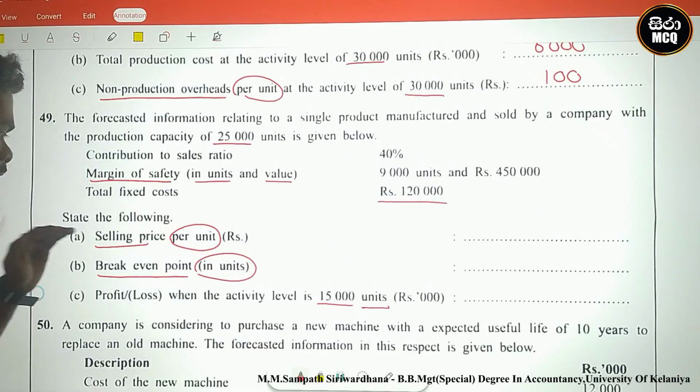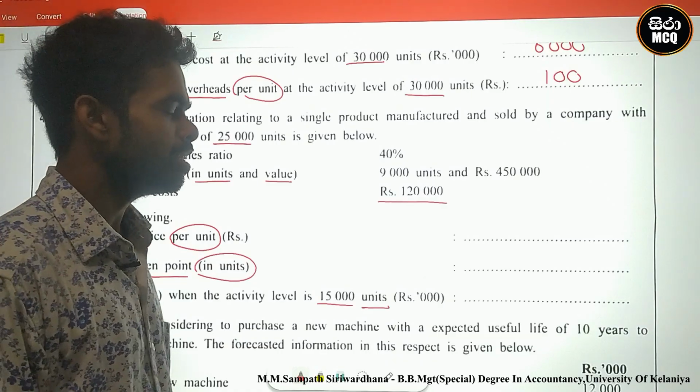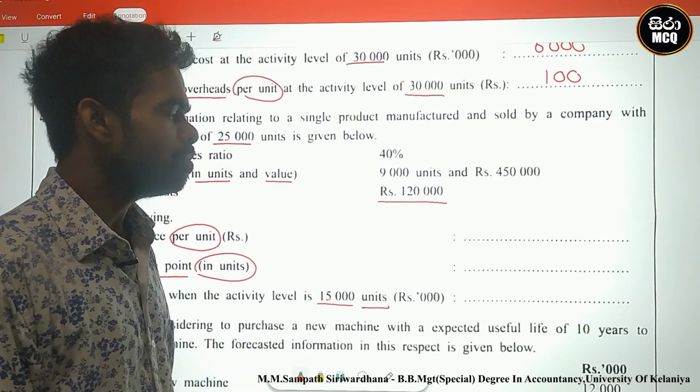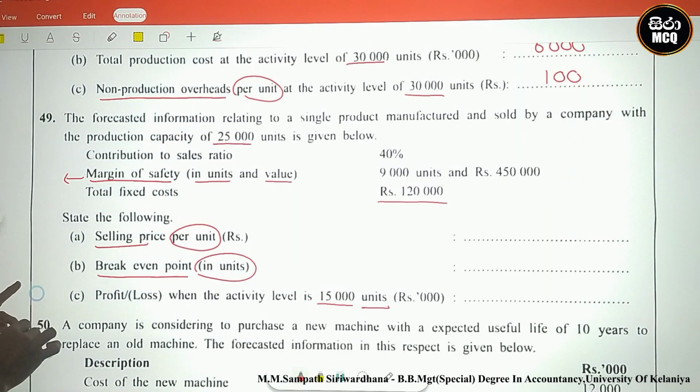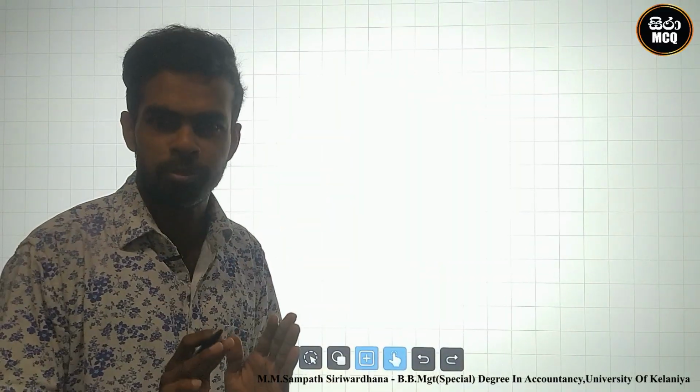How can we calculate the selling price? We can use the margin of safety. How do we calculate the margin of safety value?